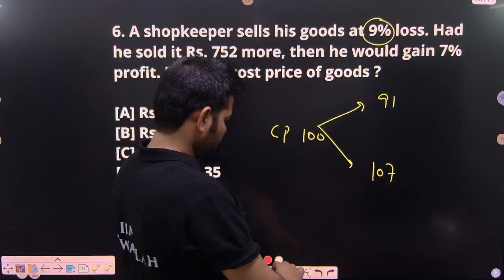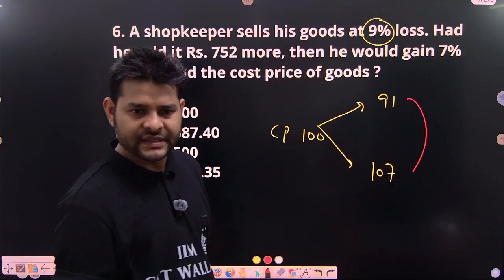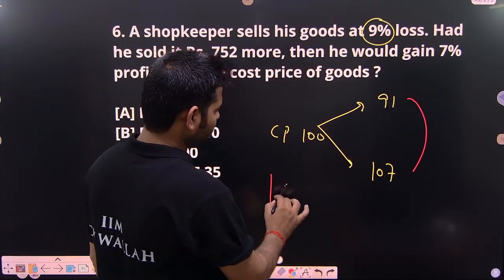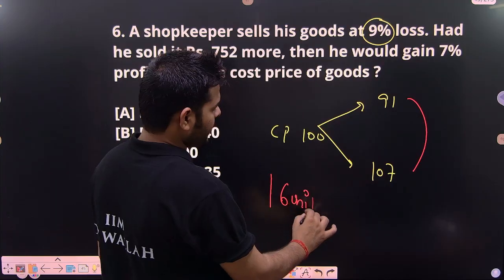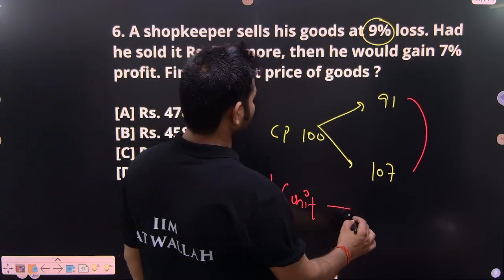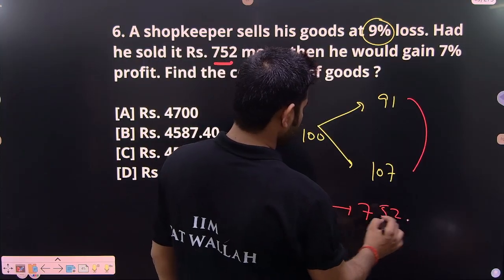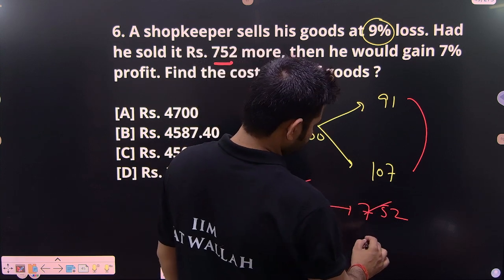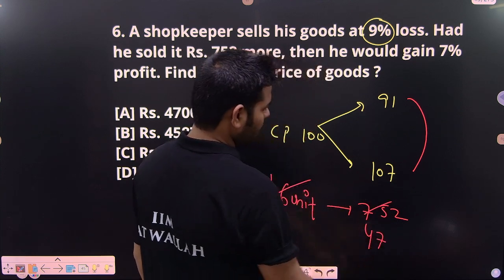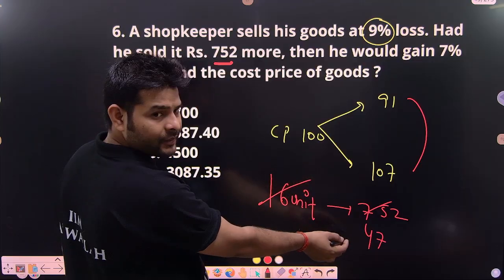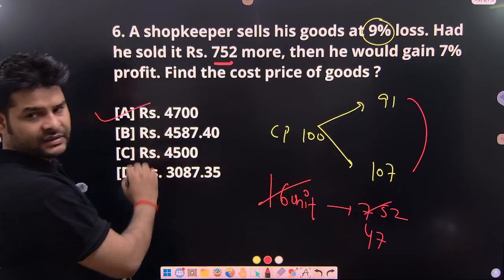So how much more is he selling? 16 more. Basically 16 more here in units, and here in rupees, 16 units represent 572. We have been asked the cost price. Cost price is 100, so if you multiply by 100, you will get the answer.